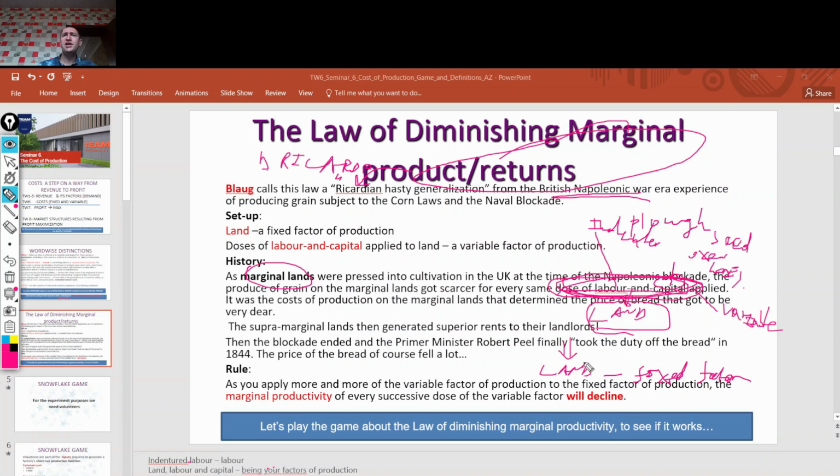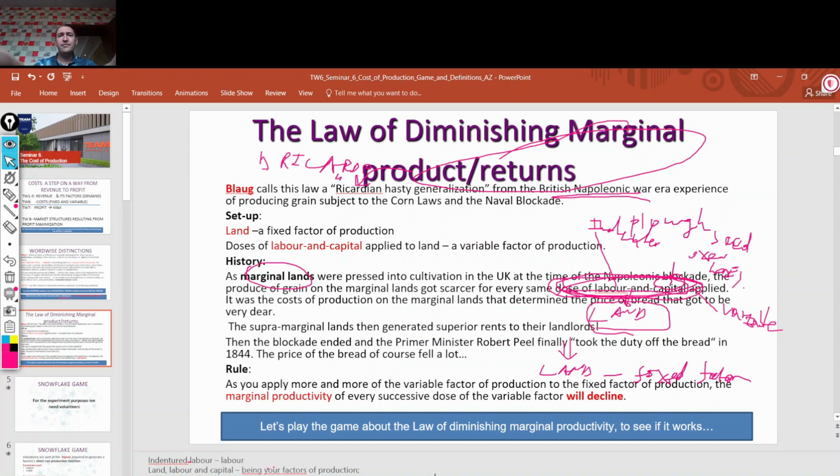The result of the application of each subsequent, successive dose of labor and capital generates less yield, less grain yield, progressively, as you come to apply more and more of labor and capital, regarded jointly.